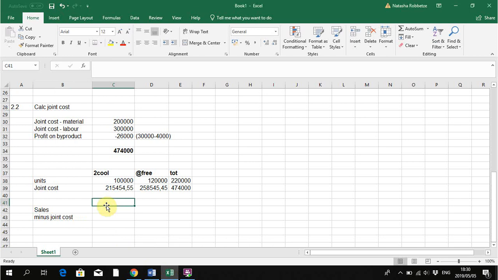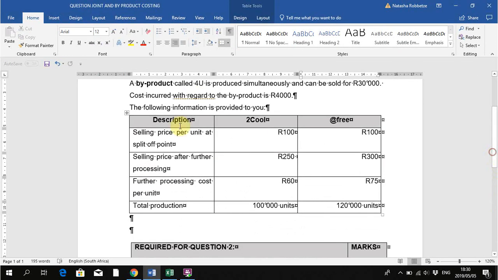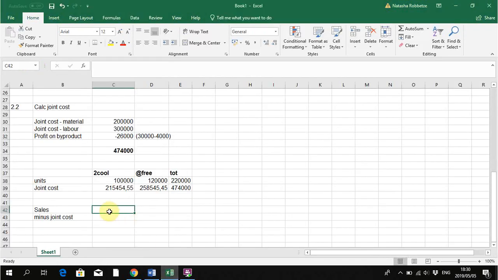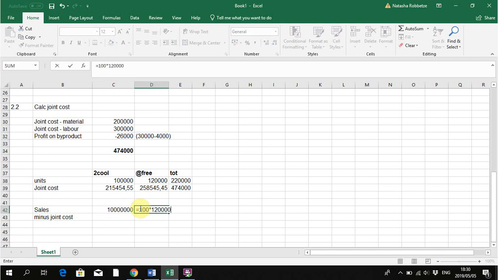Right, so for the sales, we need to go and do a calculation, and we need to find then the sales price at split off, which is 100 Rand and 100 Rand. So I'm going to say it is 100 Rand times the number of units, which is 100,000. Then I'm going to say for @free, it is also 100 Rand times the units of 120,000. Then the joint costs, we have already calculated.